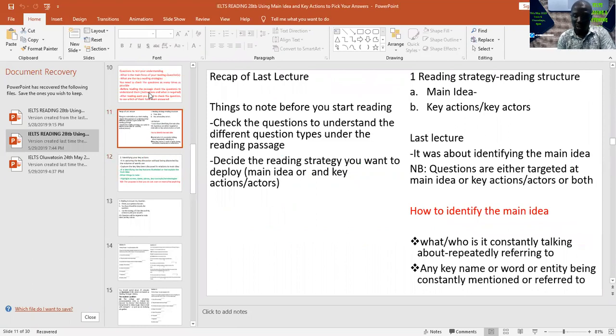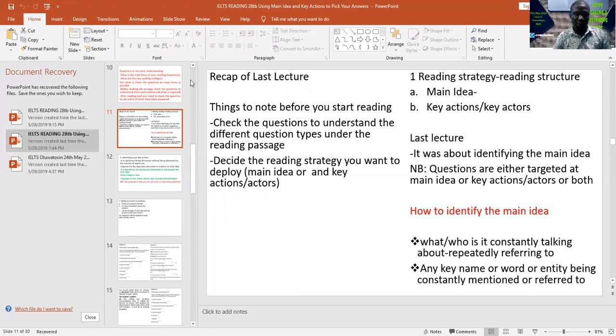One of them being the time factor, the other being the technical aspect of reading. Okay, so those are the things I'm going to be putting us through tonight, and how to read effectively.